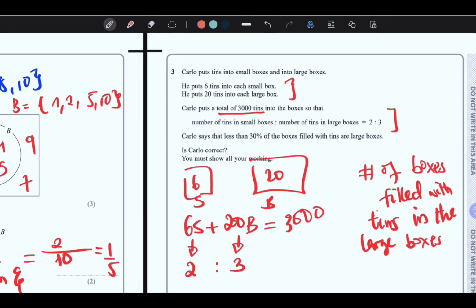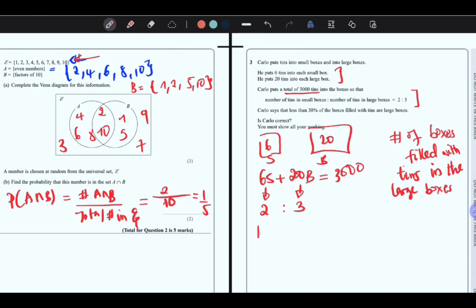And for us to do that, we need to know how many tins would be in the small boxes and how many tins would be in the large boxes. Let's start by finding the number of tins in large boxes using the ratio. So the number of tins in large boxes would be 3 out of 2 plus 3 times 3,000, which is 3/5 of 3,000.